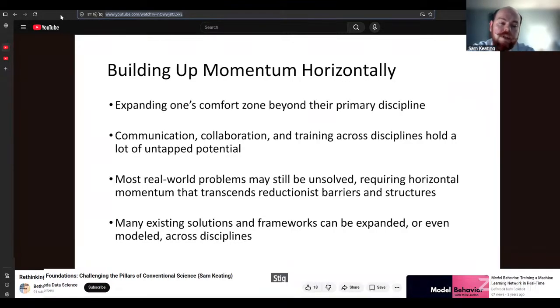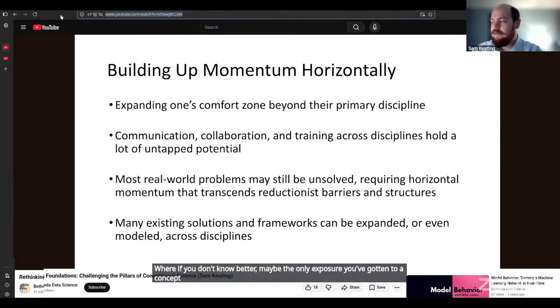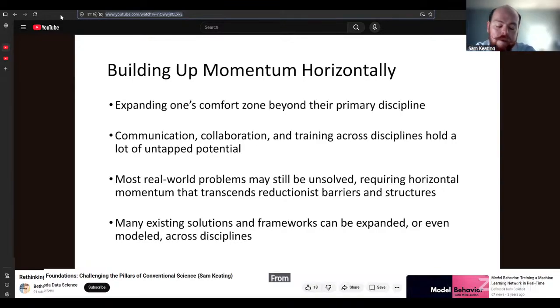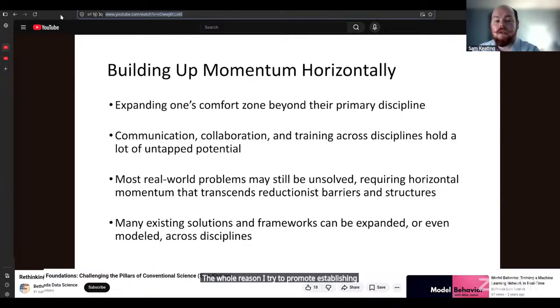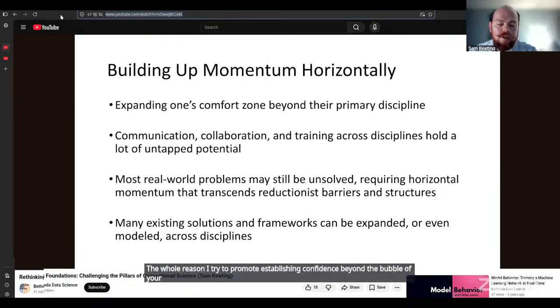Stigma often acts like placeholder knowledge, where if you don't know better, maybe the only exposure you've gotten to a concept is from what you heard many years ago, or in a joke, or what you thought you learned about something distant to your expertise. The whole reason I try to promote establishing confidence beyond the bubble of your primary professional discipline is because of that placeholder knowledge.